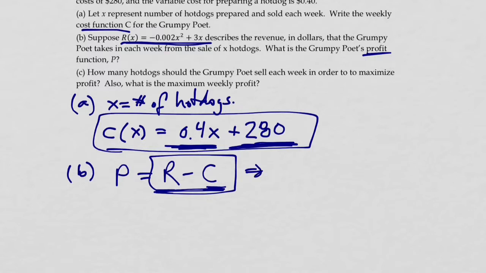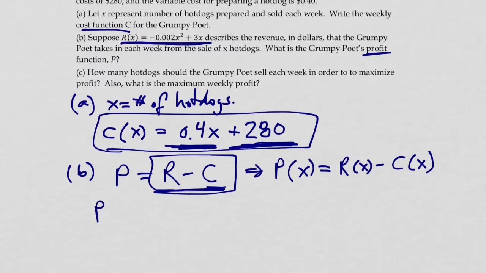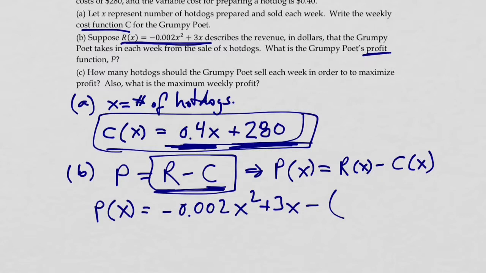So in the context of a function, if I want to find the profit for selling X hot dogs, it's going to be the revenue that comes in from those sales minus the cost. And so the profit function is negative 0.002x squared plus 3x, and then minus that entire cost function that we just found, so 0.4x plus 280.